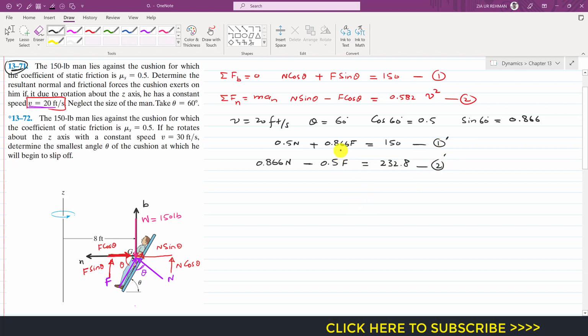Now we need to eliminate one of the variables, since we have two equations and two unknowns. If we want to find this force F, we have to eliminate n.